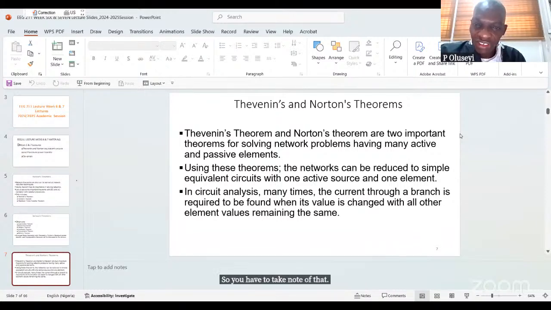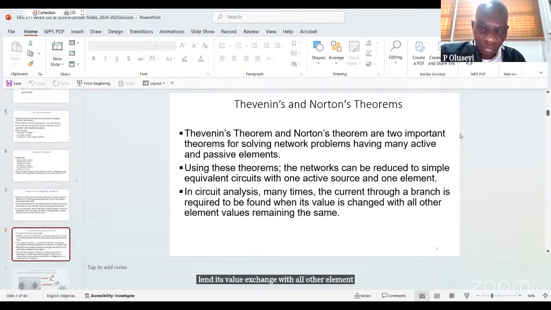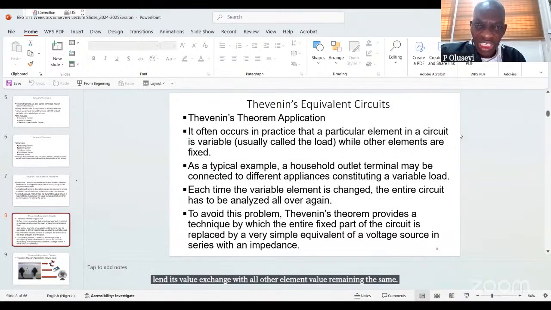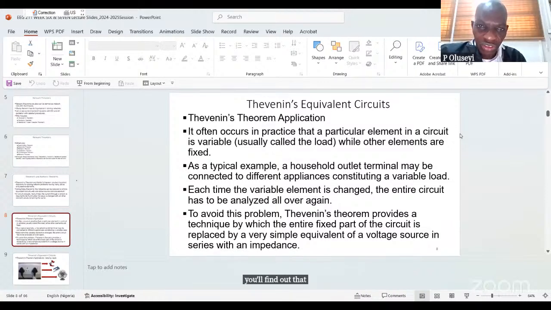In the circuit analysis, the current through a branch is required to be found when its value is changed with all other element values remaining the same. So in the case of application of Thevenin's theorem, you find out that it is often used in practice where a particular element in a circuit is variable.